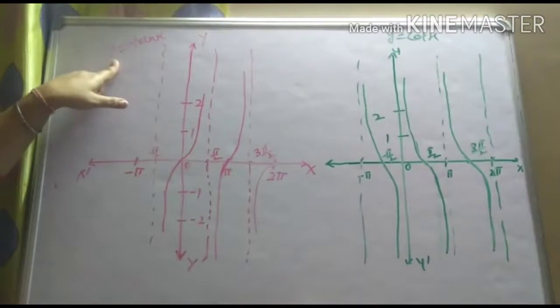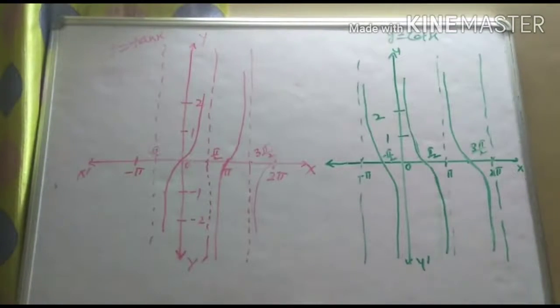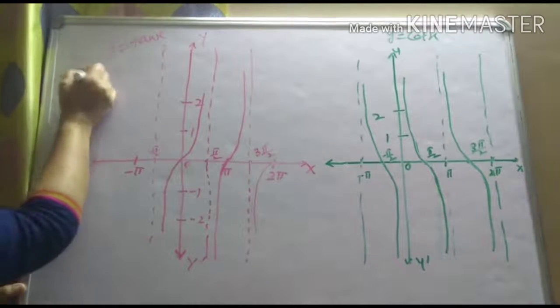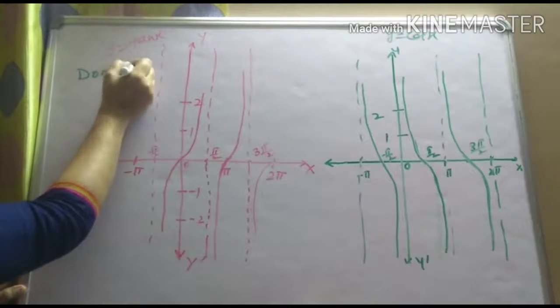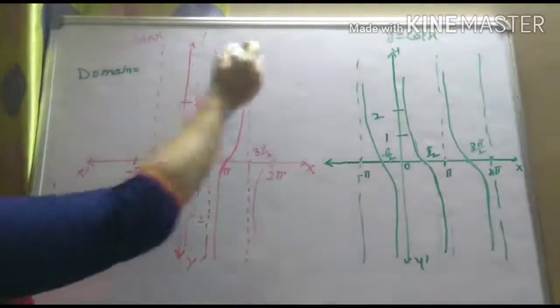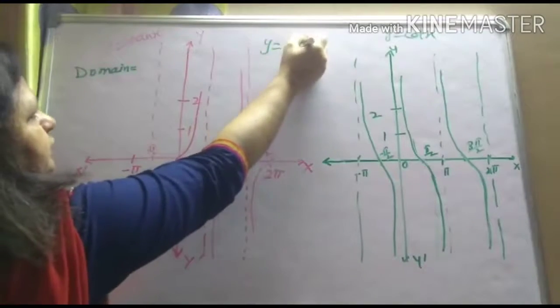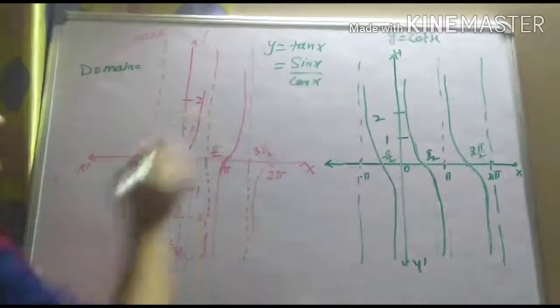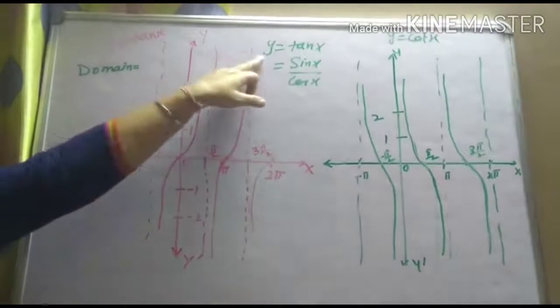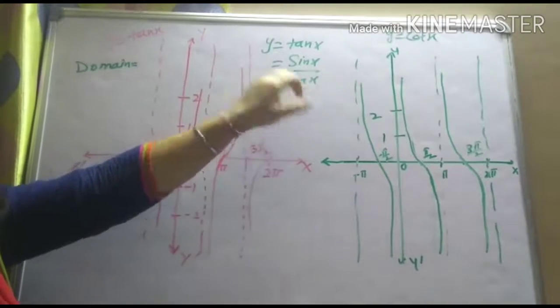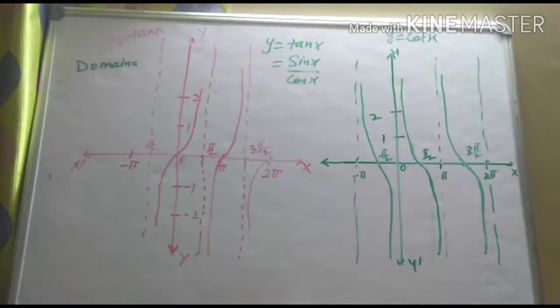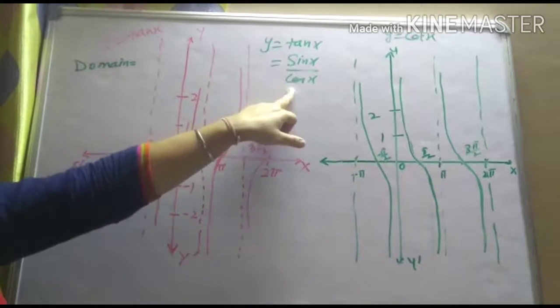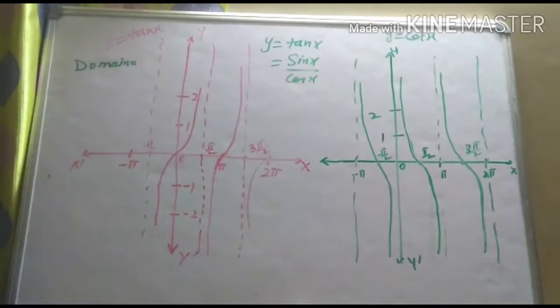Now, what is the domain of tangent x? If we have y is equal to tangent x, it means sin x by cos x. Y is defined only when cos x is not equal to 0. It means x should not be equal to 2n plus 1 into pi by 2, where n belongs to integer.